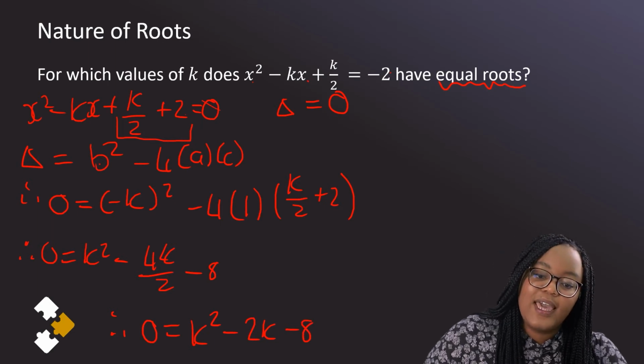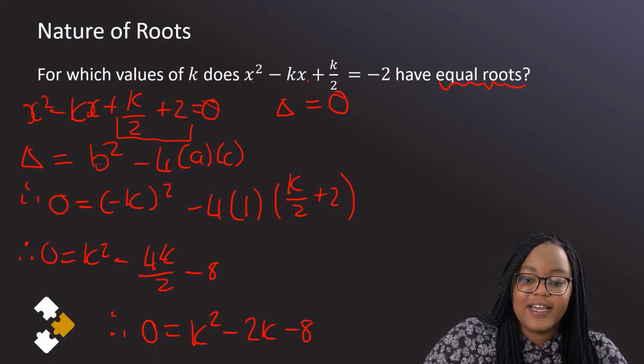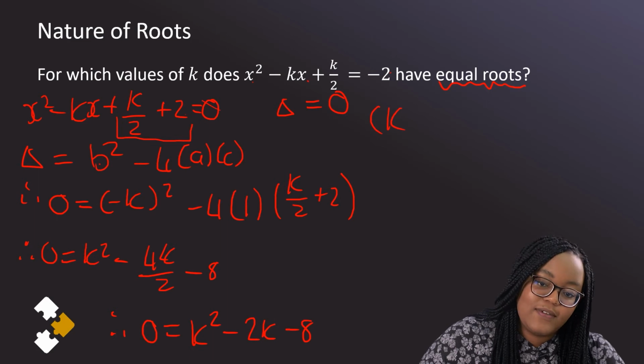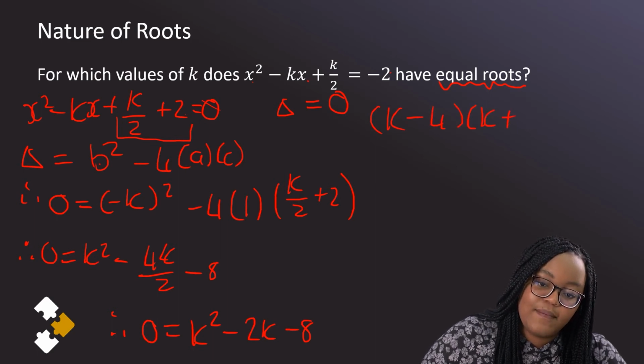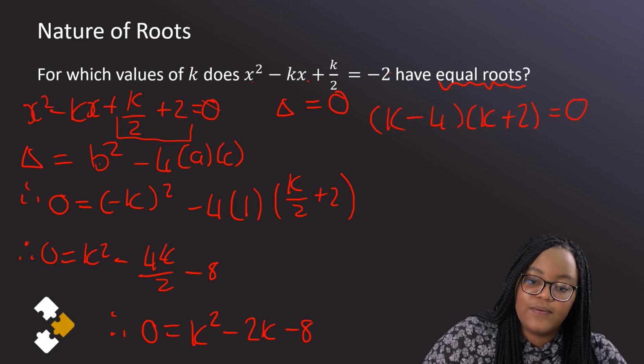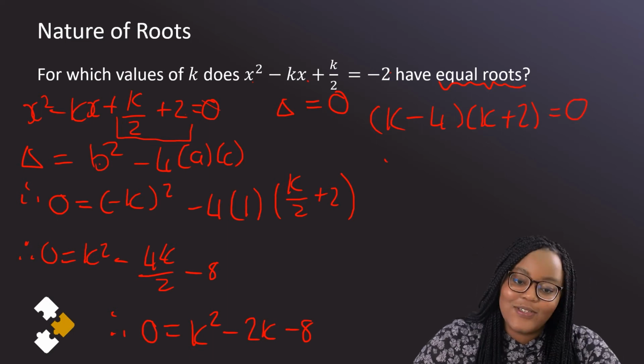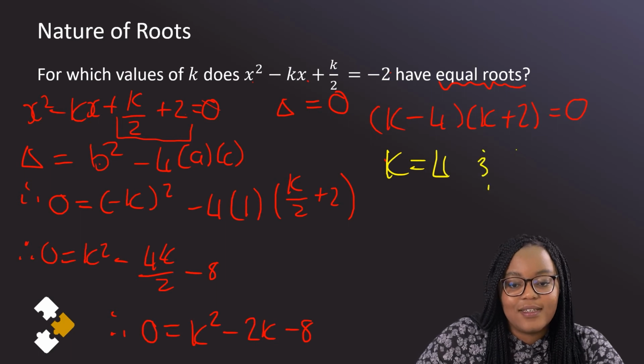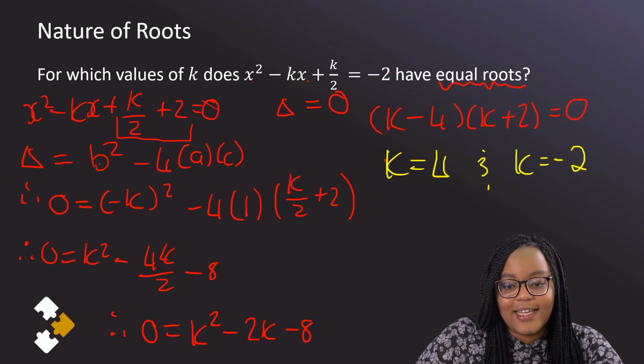And we're going to solve for k in the same way that we solve for x, by factorizing. We're going to get a value of k minus 4, k plus 2 is equal to 0. And that is going to give us an answer of k is equal to 4 and k is equal to negative 2.